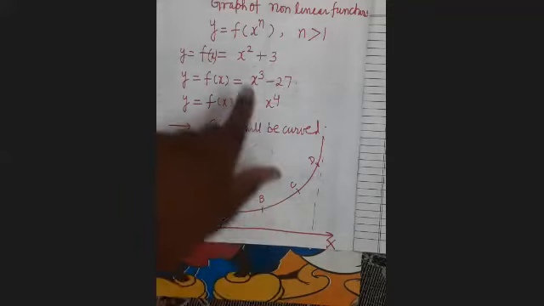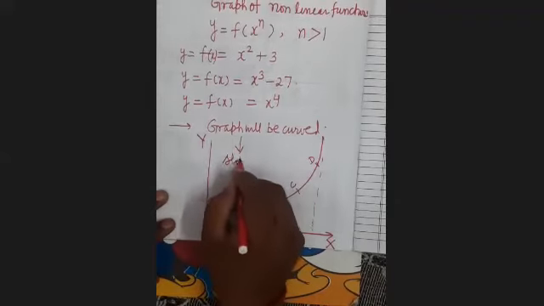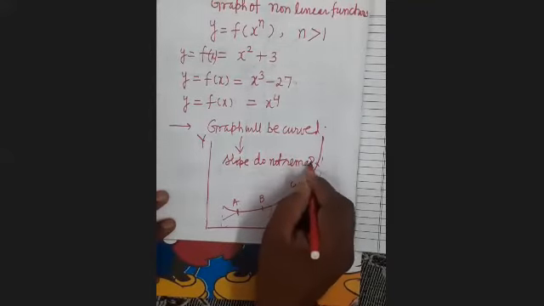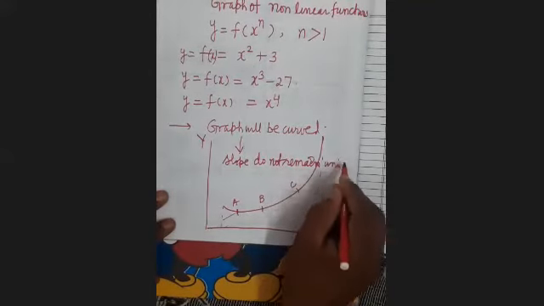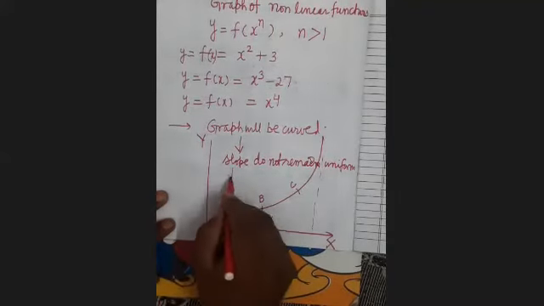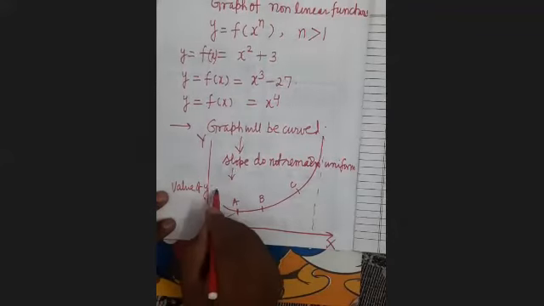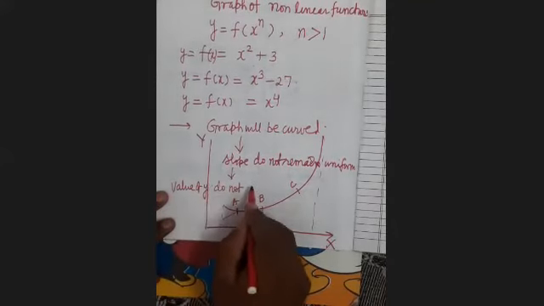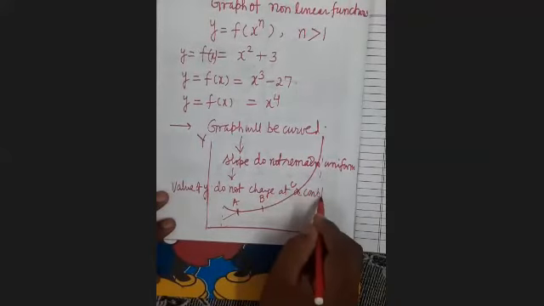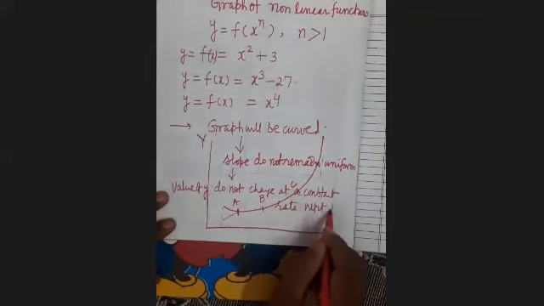This means in non-linear functions, the slope does not remain uniform. The slope not remaining uniform means the value of y does not change at a constant rate with respect to x.